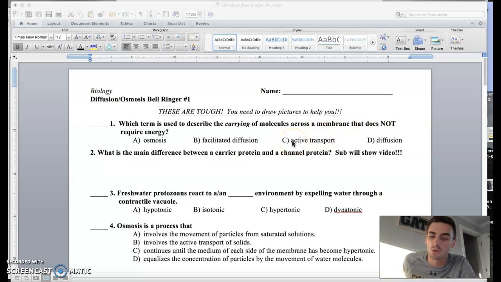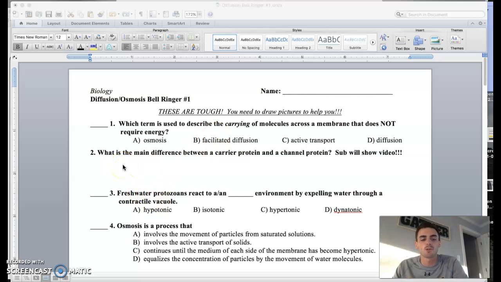That one does require energy. Osmosis is the movement of water. This doesn't talk about water, so it's either B or D. We know that the carrying of particles is helping it across, and another word for helping it is facilitating it. So number one should be B, facilitated diffusion.